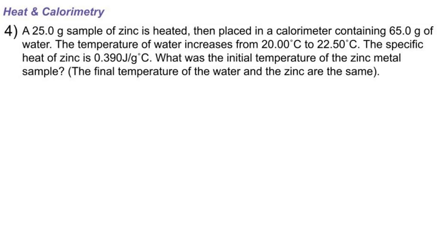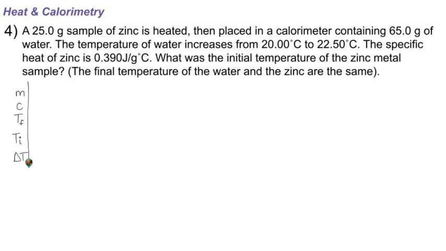So right away, what I'm going to do is make a table to organize the information that we have in the problem. So I know that Q equals M times C times delta T, which is T final minus T initial to give us delta T. And I'm going to have these pieces of information for two different samples.